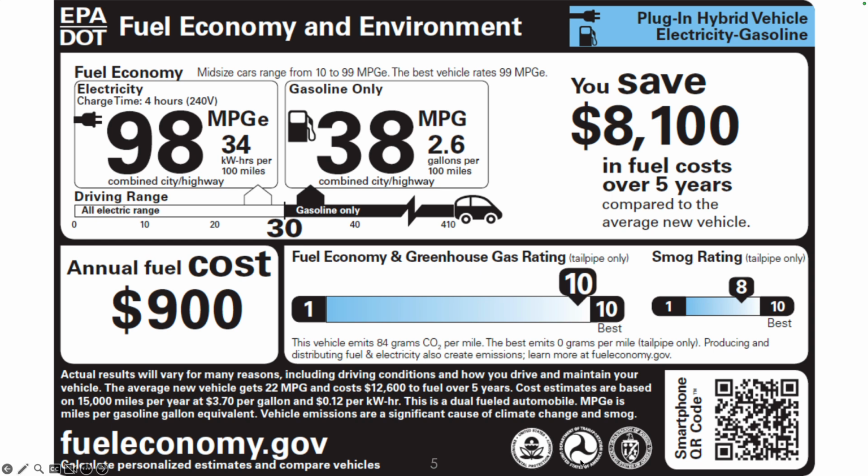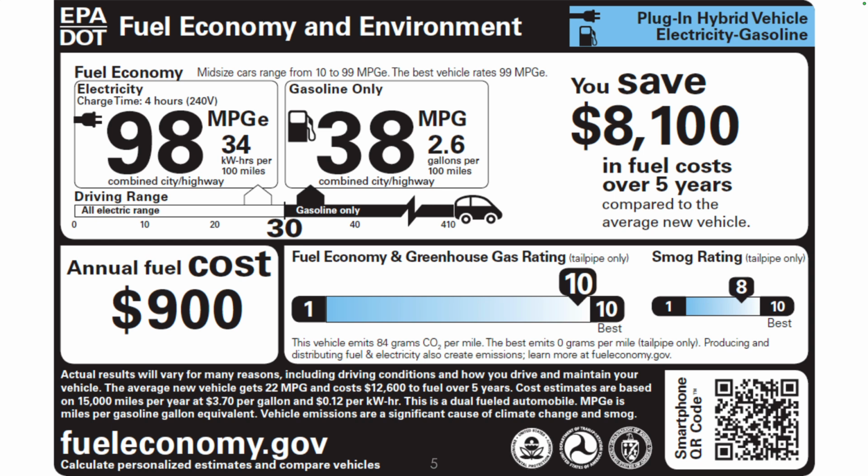And then they actually have some information about its relative fuel economy and its emissions, as well as its smog rating. So this is essentially this little infographic that the US EPA and Department of Transportation coordinated and worked together to generate.